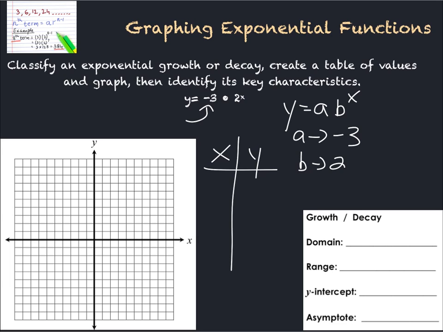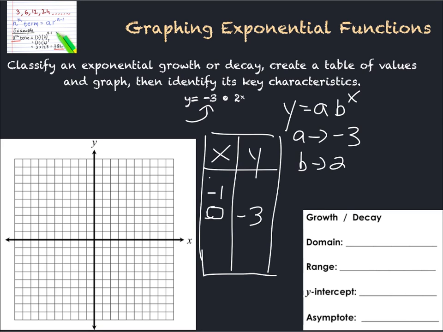So if we create a table, our starting point, we'll put -3 here on the y, and that means that x is going to be 0, right? If you put 2 raised to the 0 power, that's 1, and 1 times -3 would in fact be -3. So -1, -2, 1, and 2. Our multiplier is 2, which means we're multiplying by 2 every time, right? So -3 times 2 would be -6.